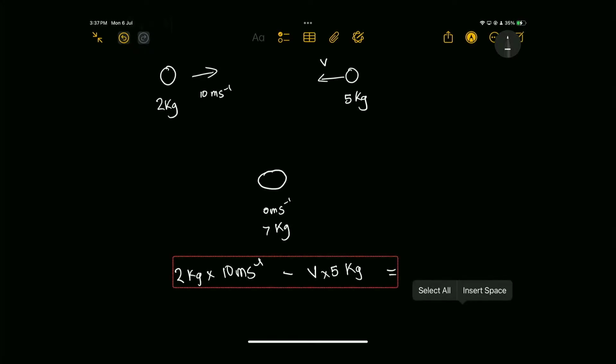Now after the collision there is no motion. The two balls merge and become one ball, and there is no motion. So the momentum after the collision is equal to 0.